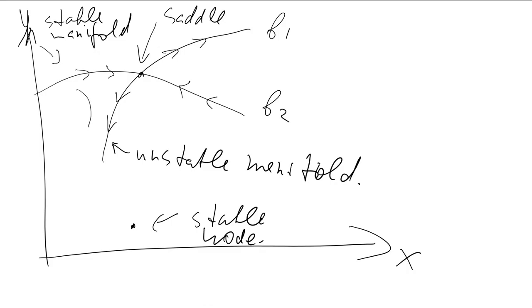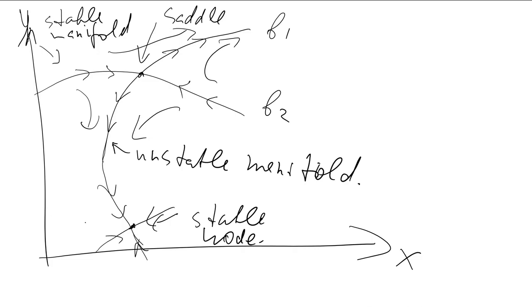Then since all orbits get closer to points on B1, to line B1, this means that if there is a stable node, which is an attractor, it should be on line B1.